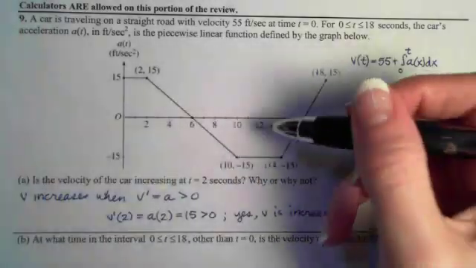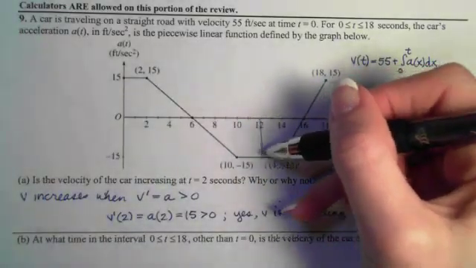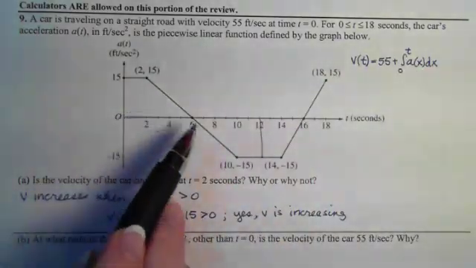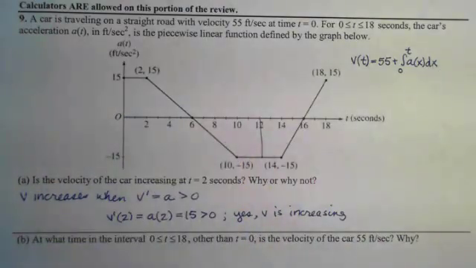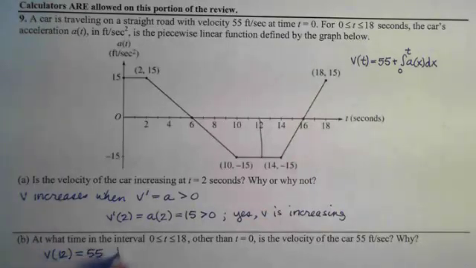So we can see that if we stop at 12, we'll have as much positive accumulation as we do negative accumulation. So at what time? We can say v of 12 equals 55 because the accumulation from 0 to 12 of that acceleration curve is 0.